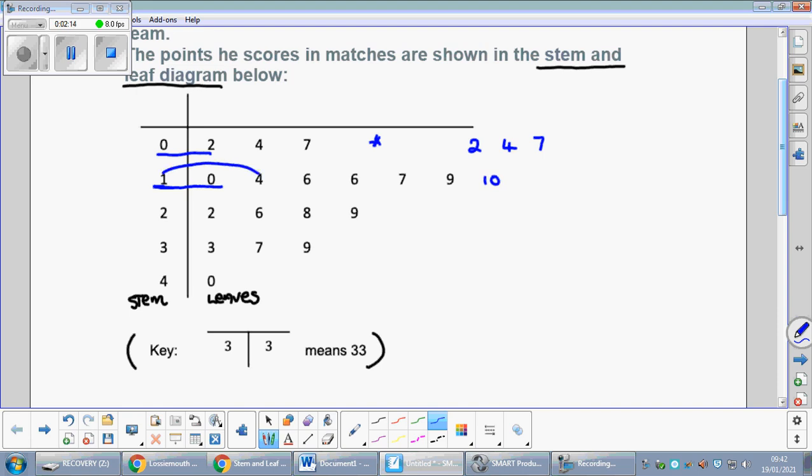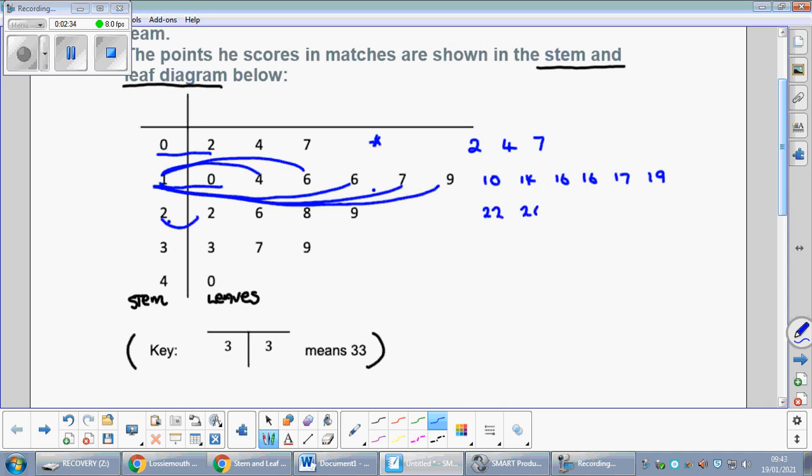We've got 14. We've got 16. We've got 16. We've got 17. We've got 19. The next row would start off 22. Then it would be 26, 28, 29. Then it would be 33, 37, 39, and the last one would be 40.